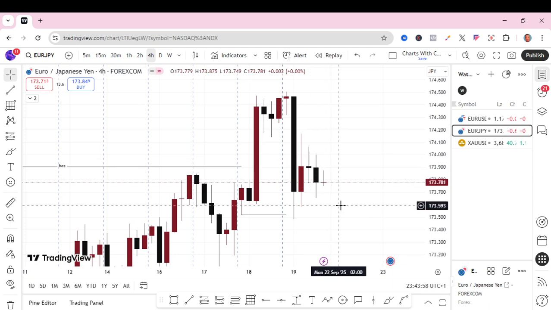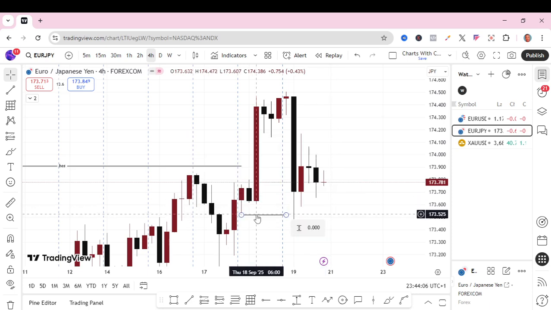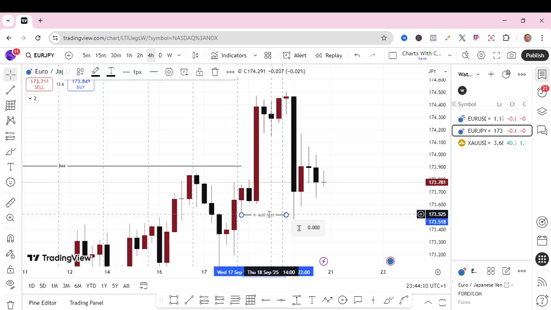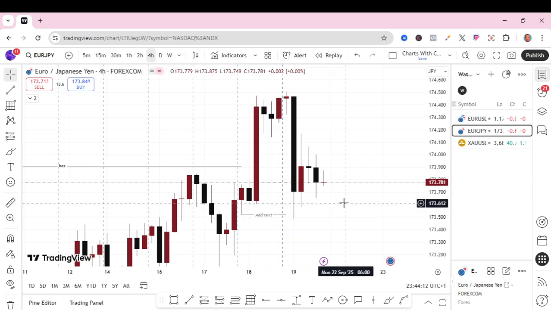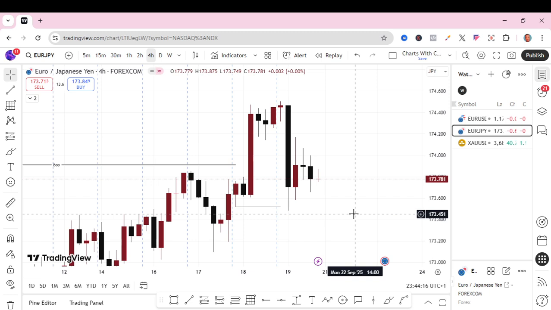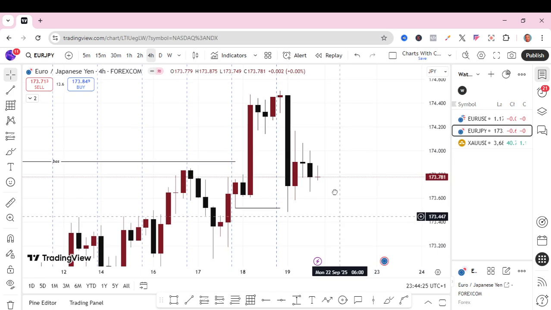So as you can see, this low has been taken out, the previous day's low. And what are we expecting? Once the previous day's low is taken out, the market should continue bullish, right? We should go bullish.